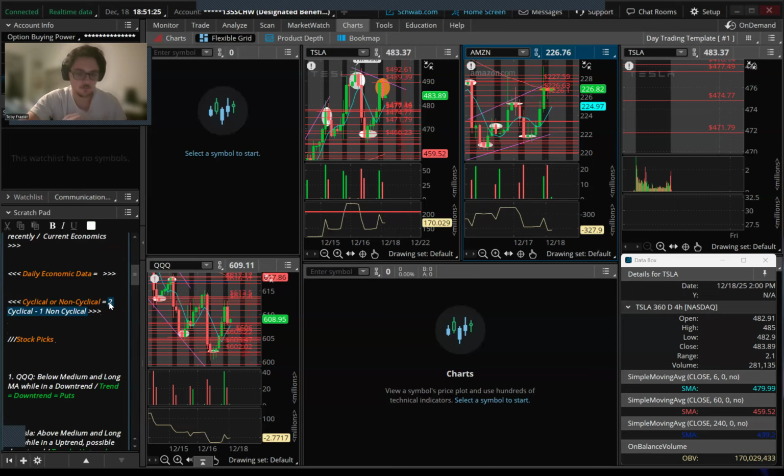So these are three cyclical stocks. Let's remember here that cyclical means risk on consumption, output, and capital investment.